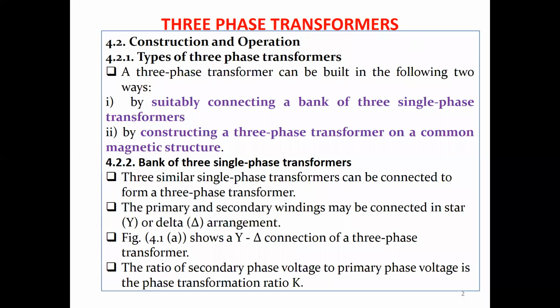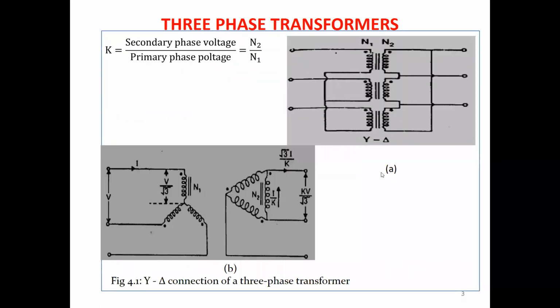This one shows a delta-star connection. This is the first one, using three similar single-phase transformers in a star and a delta connection, or you can use the second method.